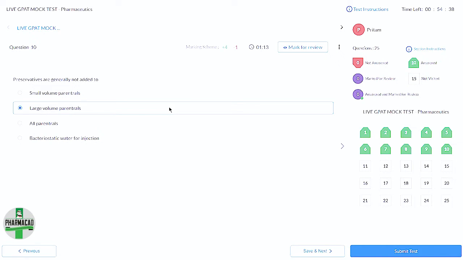So this becomes excess, and we know that most of the preservatives are harmful. So that is why for LVPs you will either use a minimal quantity or you will avoid using it and go with some sterilization technique. Why? Because if you are working in percentage, then accordingly it will increase.